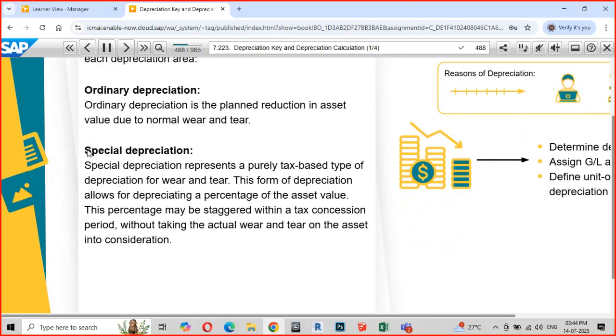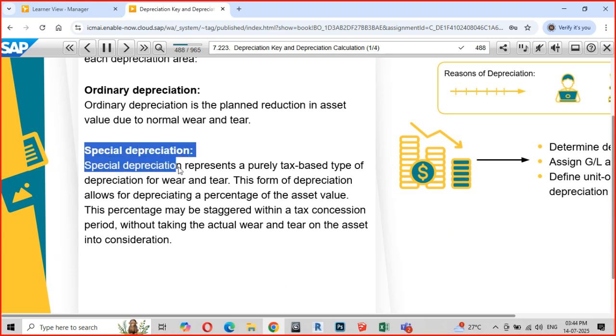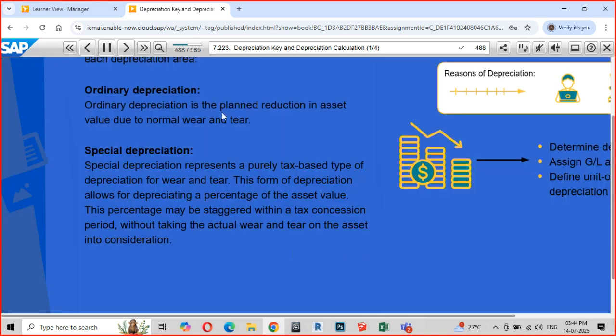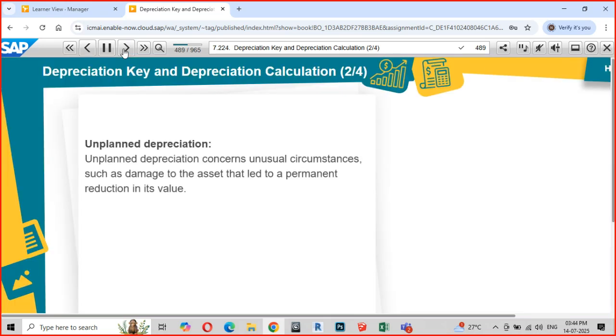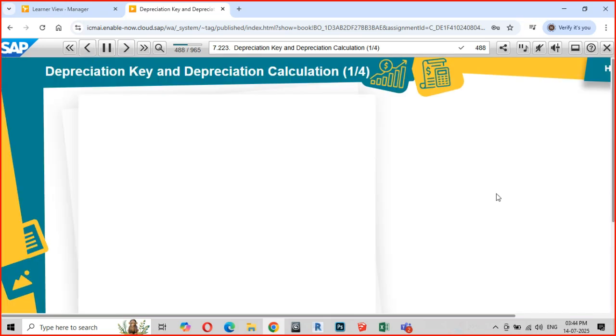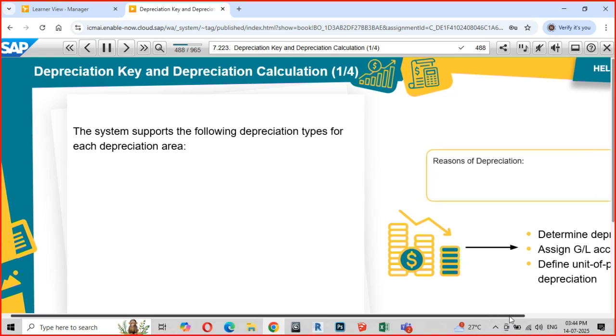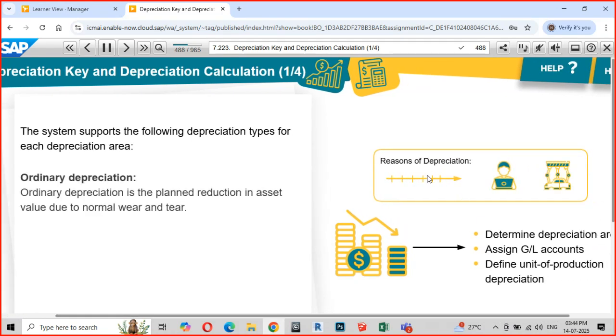Concept of special depreciation, read it through. So same thing, probably what you would have. See, he says your depreciation areas. I saw one wonderful line. Reasons for depreciation. Can you see this?